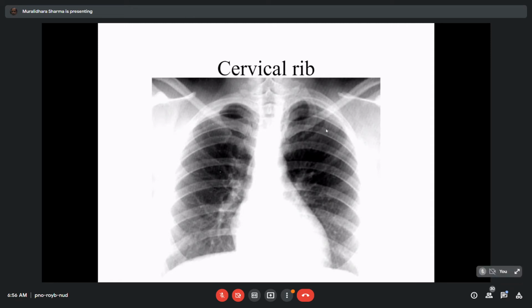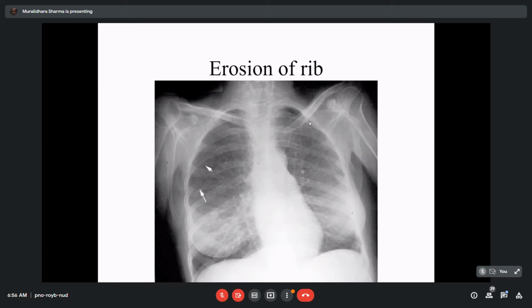Whenever you look at a chest X-ray image, you will have to have a total integral view, look at every aspect, whether or not it is specifically needed by the clinician. As a radiologist, you will have to give an opinion on every abnormality which could be seen. The patient may have been exposed to the X-ray for his lung pathologies, but if you have observed a cervical rib, it's quite important that you also mention it.